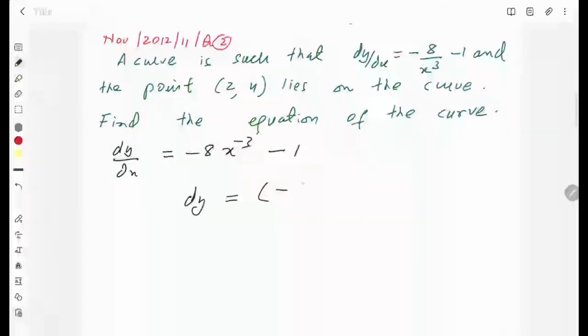This means you have to take dx to the side of x, that is your right hand side, and then you will write integral sign. Integration is reverse of differentiation. Now in this case, this integral sign will cancel out this derivative and you get y.